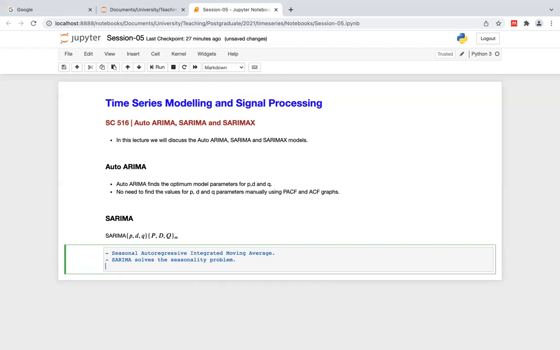Actually, in other words, we can say that it is an extended version of the ARIMA model, right? It's an extension, actually.